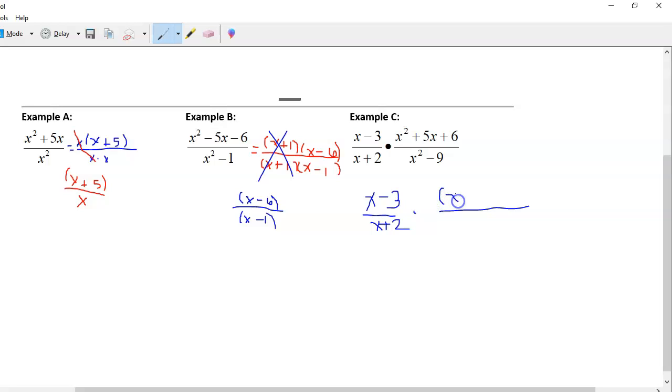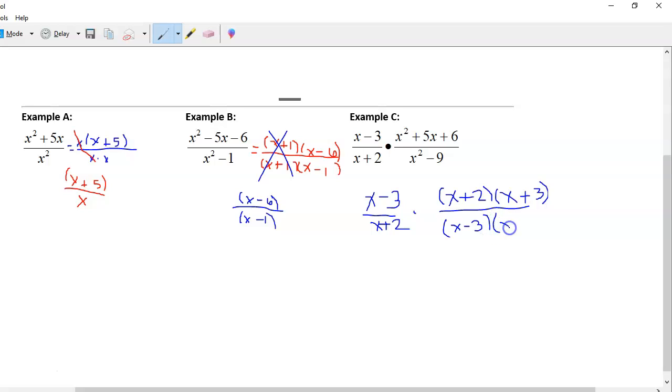The numerator factors out to an x plus 2 times an x plus 3. If I look at the denominator, it factors out as well. This is our difference of squares method. It would factor to an x minus 3 and an x plus 3.